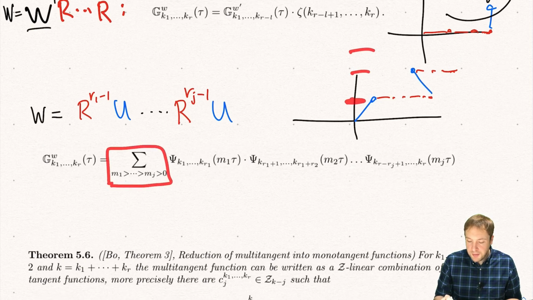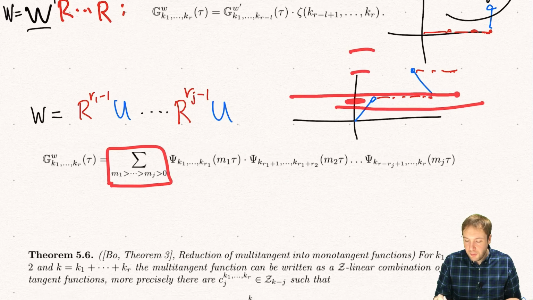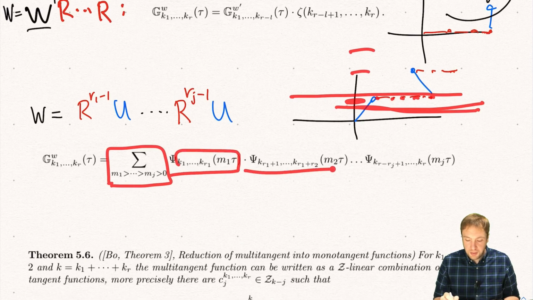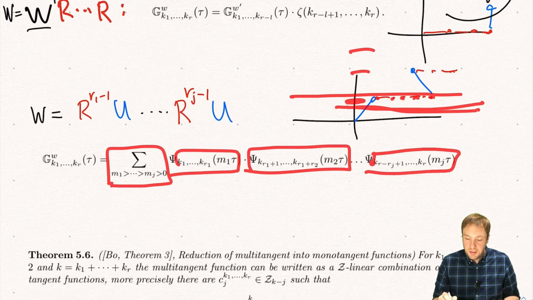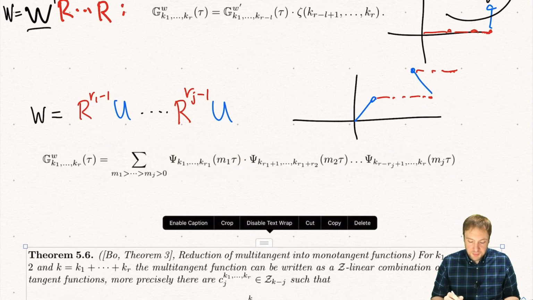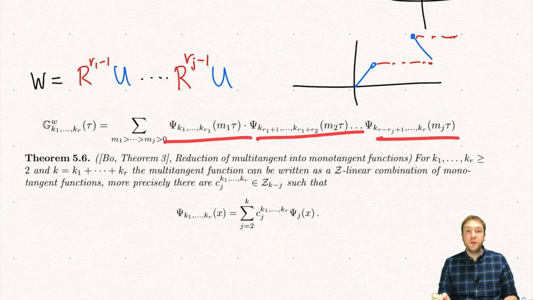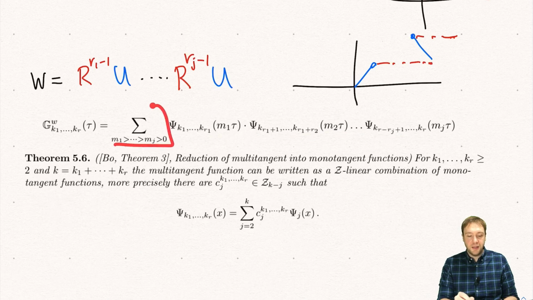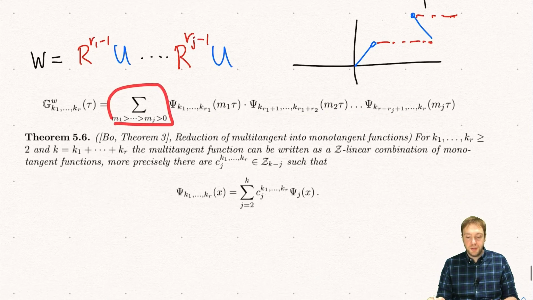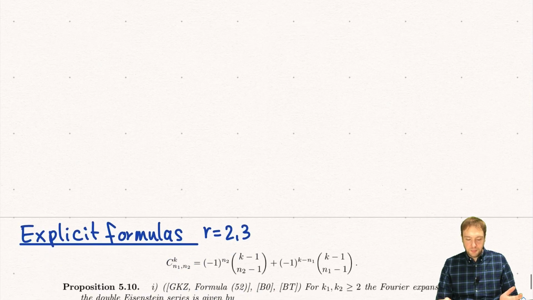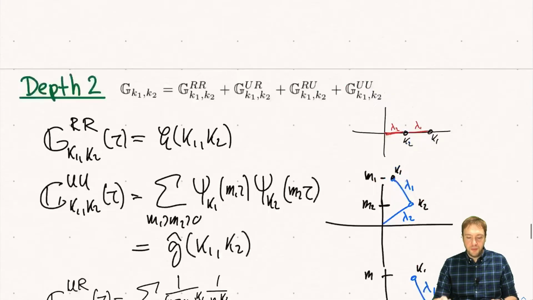And for a fixed m, I take the sum over all ordered n's, which then gives a multitangent function. So for each m, I get a multitangent function. And then I use this theorem, which reduces multitangent functions to monotangent functions, and then I get an ordered sum over monotangent functions, which then gives the g hat. And this is the sketch of the proof of the theorem.